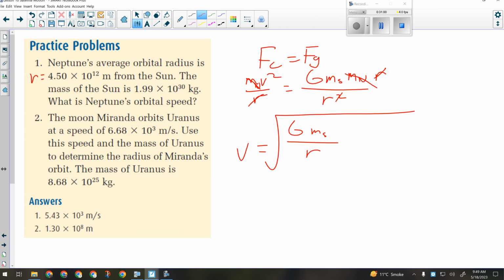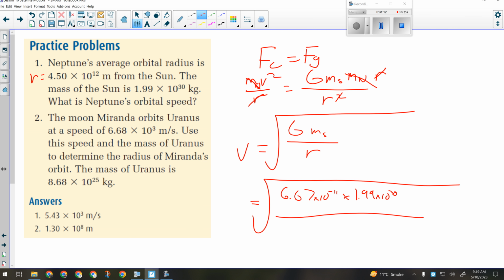All right, so when we plug in our numbers here, that'll be 6.67 times 10 to the minus 11 times 1.99 times 10 to the 30, the mass of the sun, and divide that by 4.5 times 10 to the 12. When we do that, we should get 5.43 times 10 to the 3 meters per second.